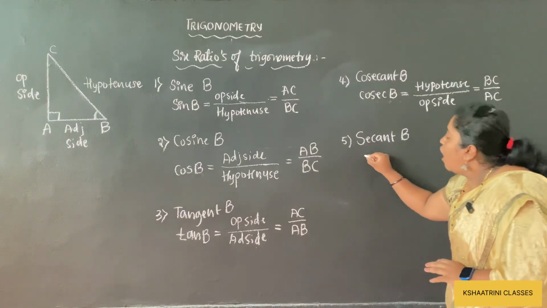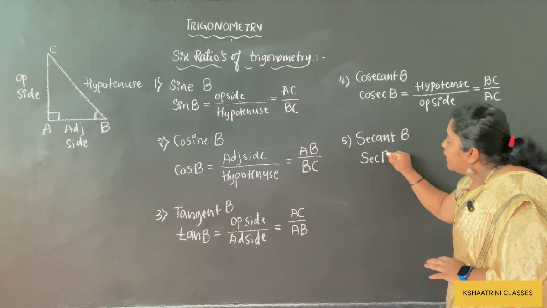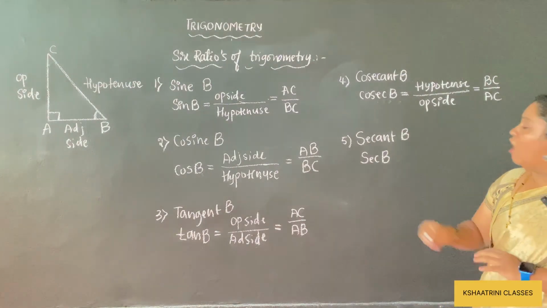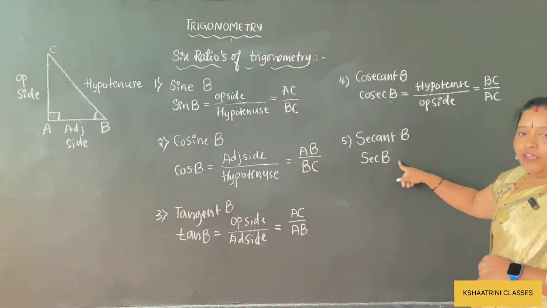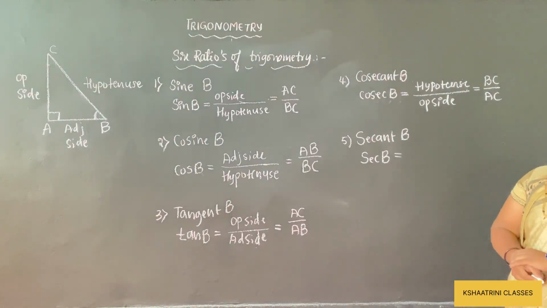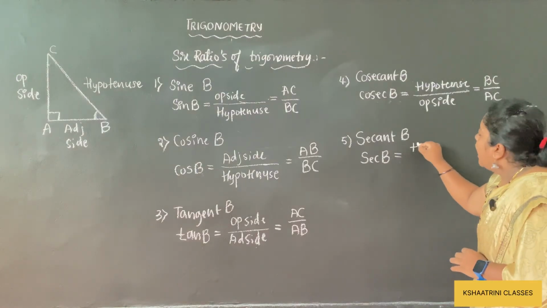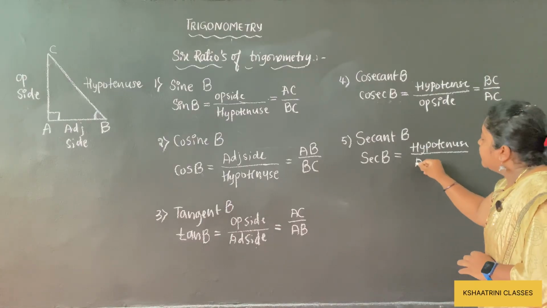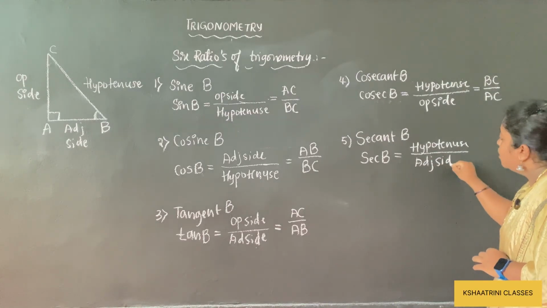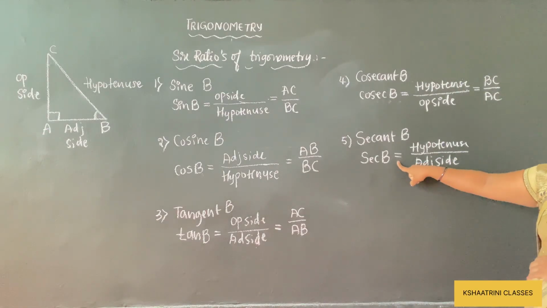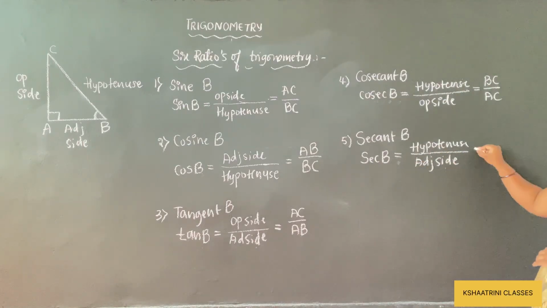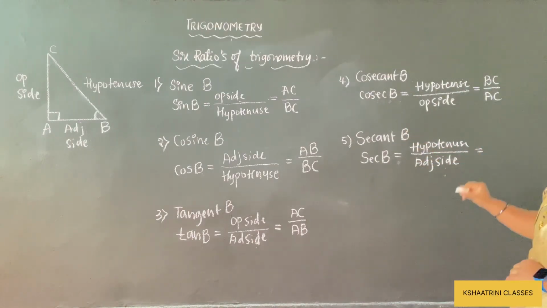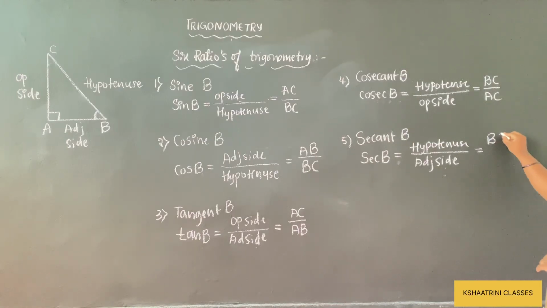In the short form, we will name it sec B. Sec B is the ratio of hypotenuse to adjacent side, which in our diagram is BC divided by AB.